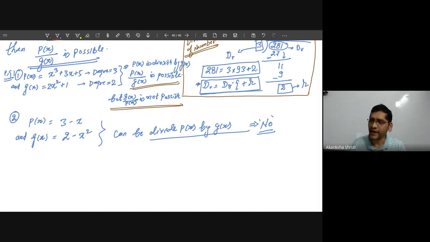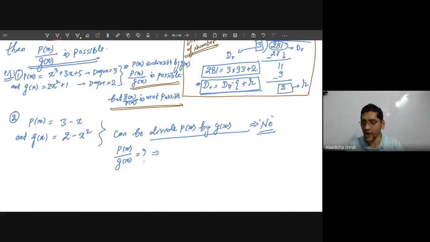Anyhow, if one just wants to write that I am going to divide this px by gx in this case, means this px is to be divided by this gx. Still, if anyone wants to write px by gx, what is it? So students, in this case, you have to keep in mind the degree of px is smaller than gx. So this will not give any quotient.